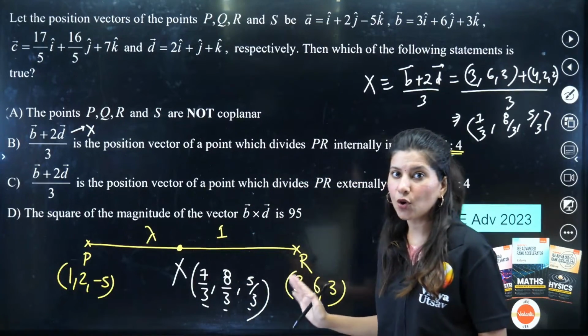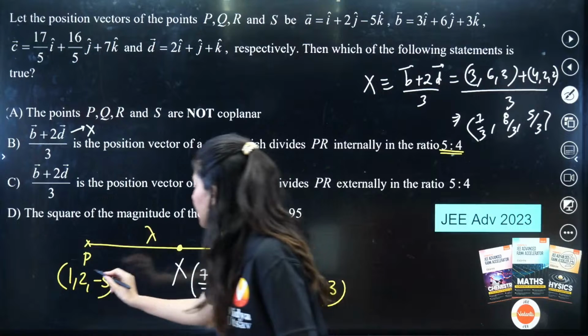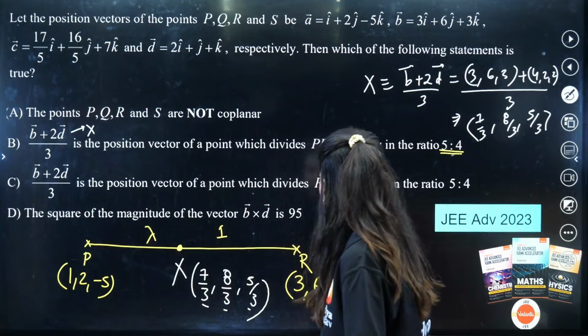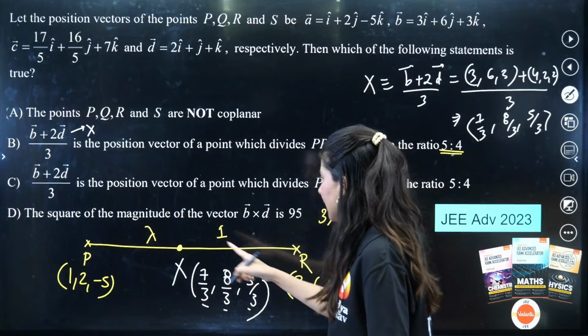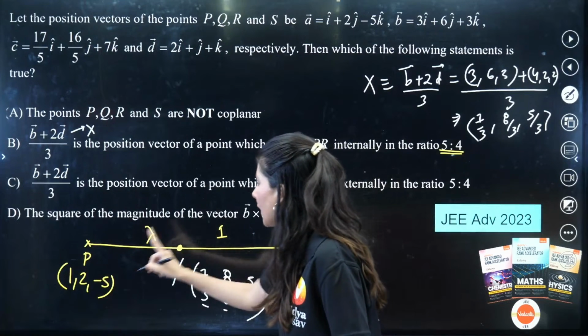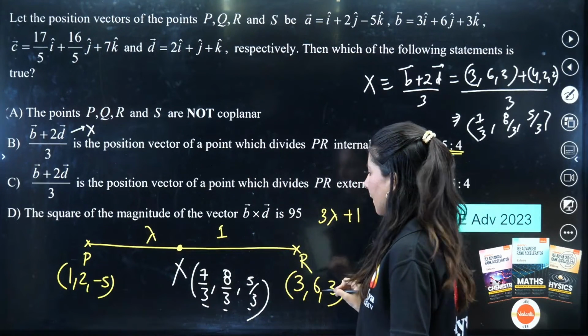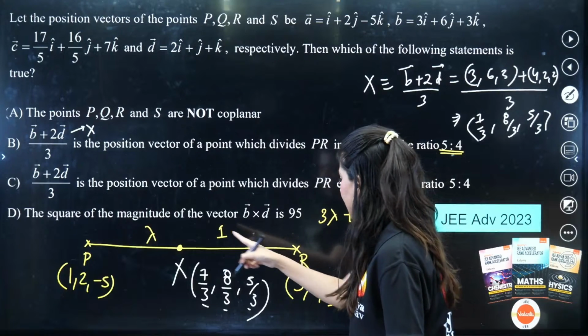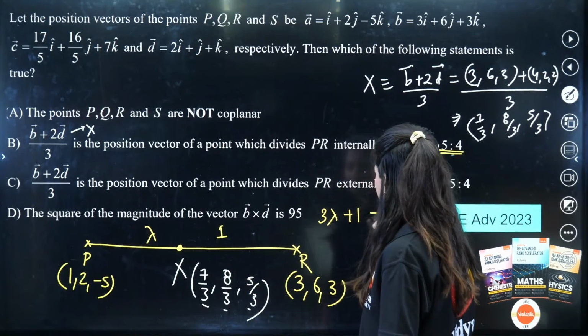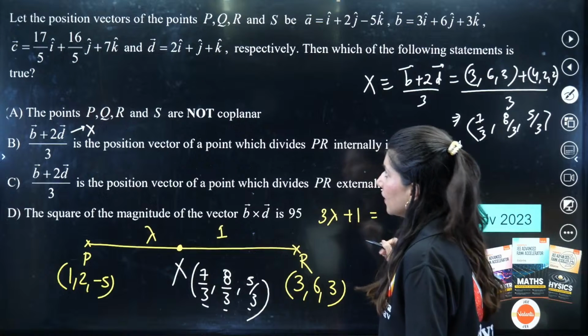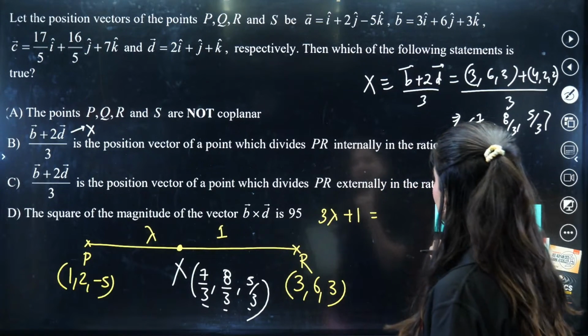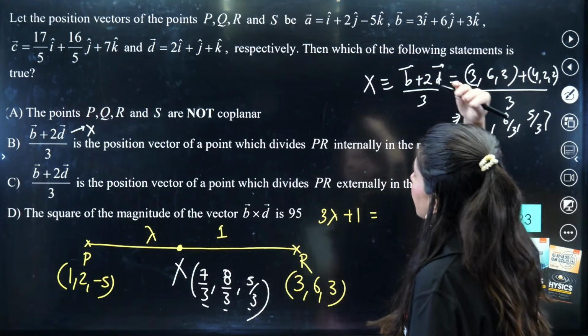So only using the x coordinate, lambda will be there. So this is going to be lambda times 3, so 3 lambda clearly. Lambda times 3 plus 1 times 1. Right? So lambda times 3 plus 1 times 1 is going to give you what? 7 by 3. Okay. Sorry, P and R. This is P and R. Correct.